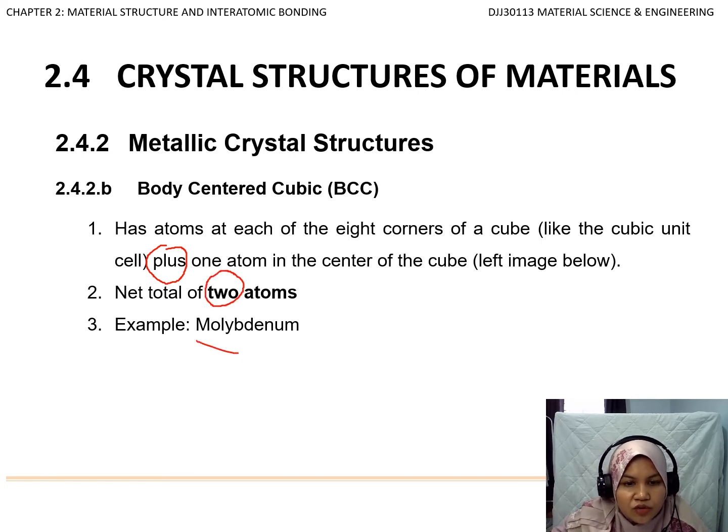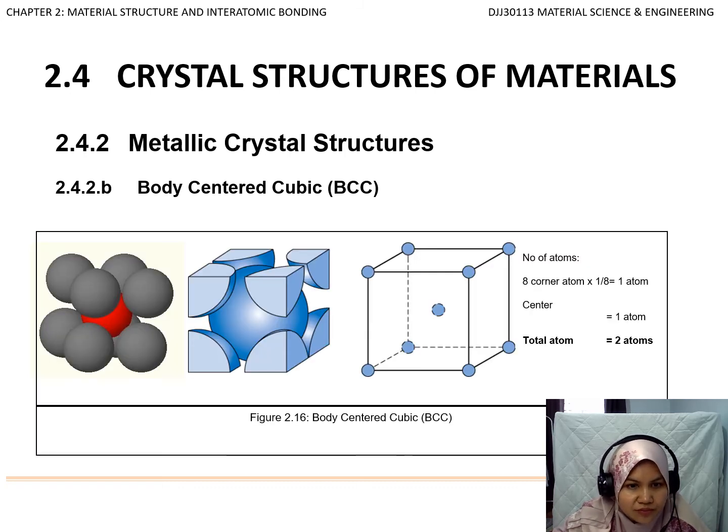Contoh dia molybdenum dan tungsten. So kita tengok pada this cube, ni kotak lah ni. Dalam kotak ni ada atom pada each corner. So sama je, 8 corners times 1/8. So total atom adalah satu atom sahaja sebenarnya.